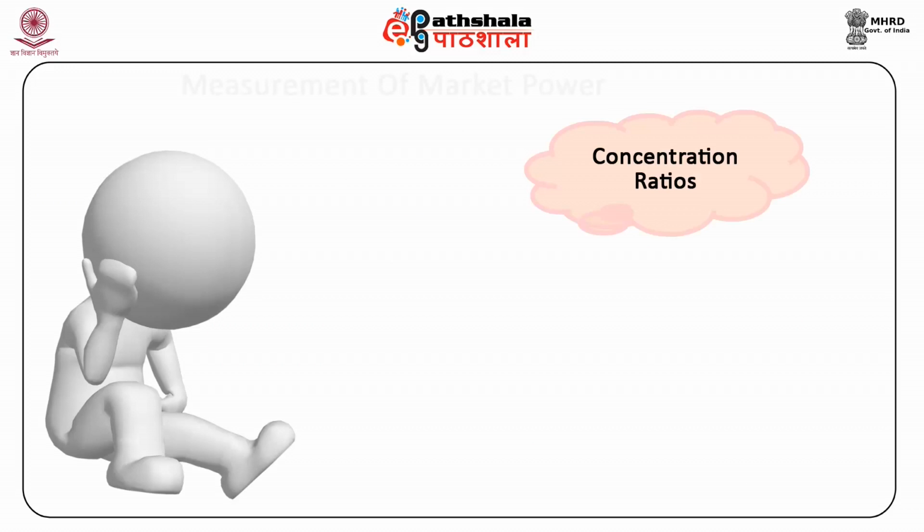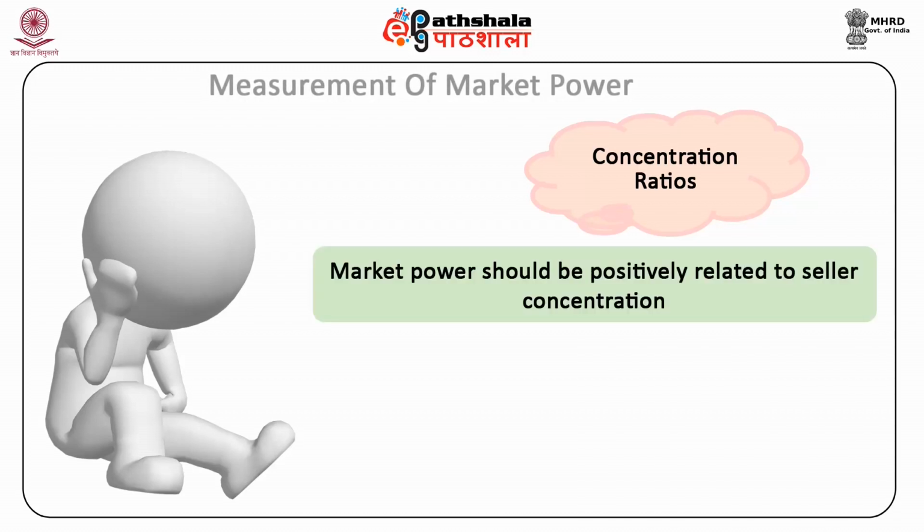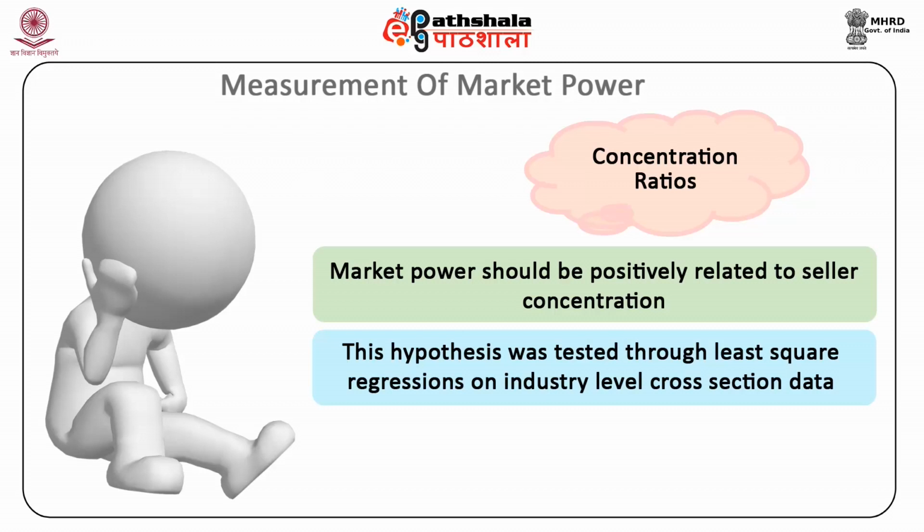Second is concentration ratios. Another measure of market power that gained importance during the 1950s and 60s is the concentration ratios. It was postulated that market power should be positively related to the seller concentration. This hypothesis was tested through least square regressions on industry level cross section data.